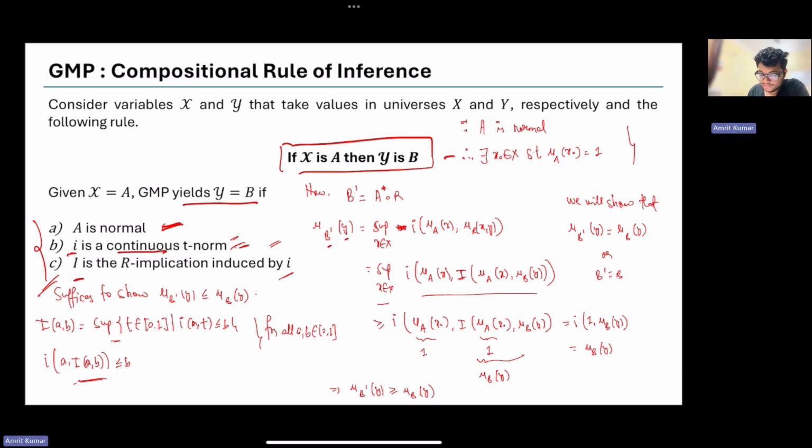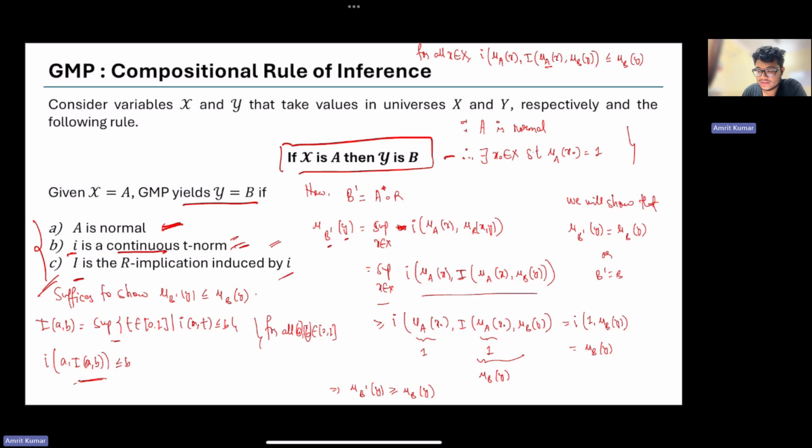And therefore, for all x in our universe, we can say this. Here a is nothing but the membership of x in A, and b is the membership of y in fuzzy set B, right?